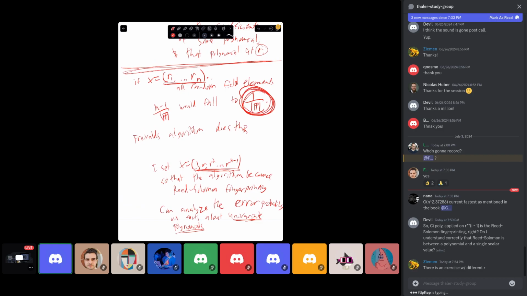On the other hand, in practice, like in a cryptographic system, like a snark, these n field elements would be chosen typically via the Fiat-Shamir transformation, which involves cryptographic hashing.